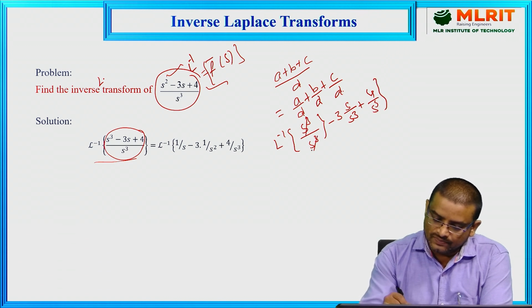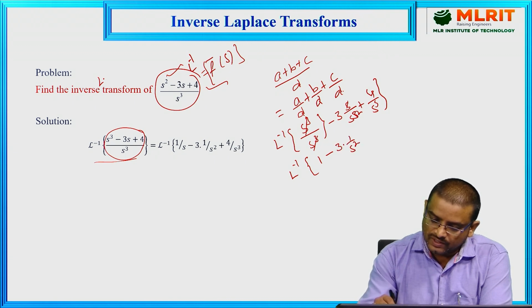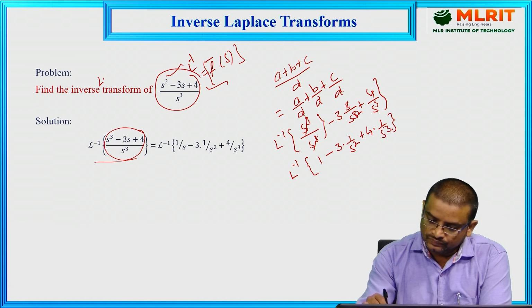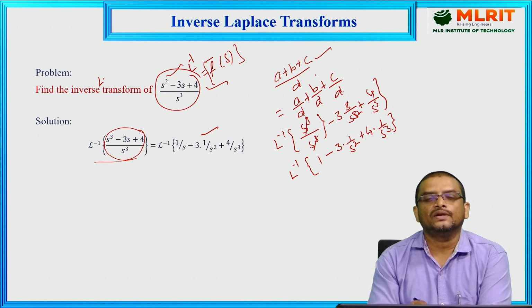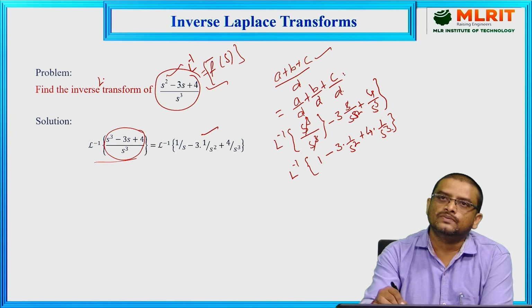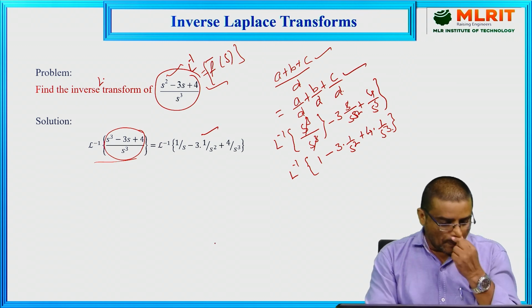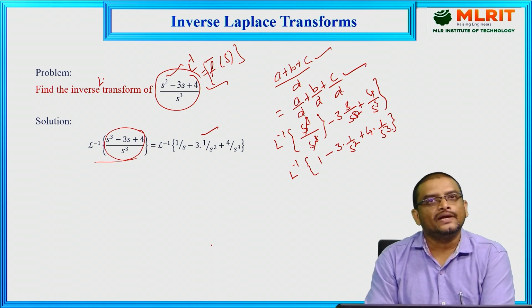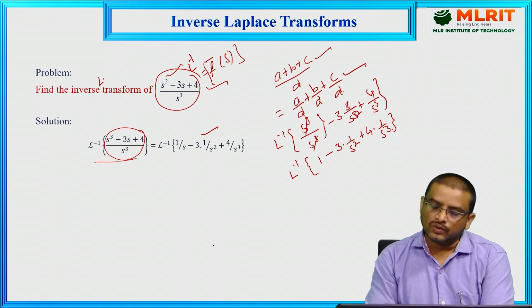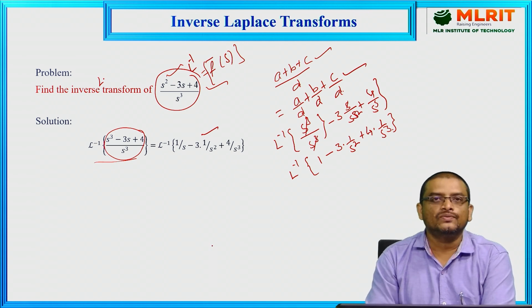The s cube cancels, you will get 1, minus 3 into 1 by s square, plus 4 into 1 by s cube. This is the way you get this value using a plus b plus c by d can be written as a by d plus b by d plus c by d. And now we have the linearity property of the inverse Laplace transform. Whatever linearity property we applied for the Laplace transform, you apply this linearity property for the inverse Laplace transform also.